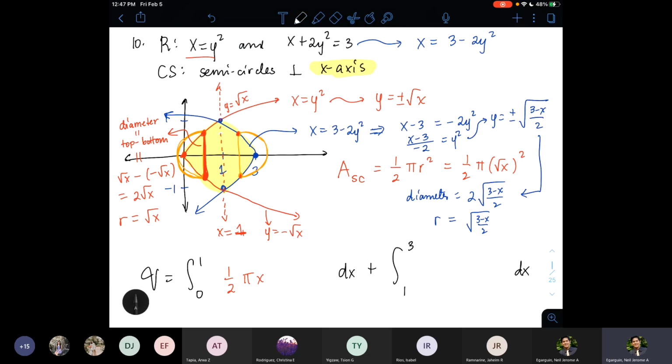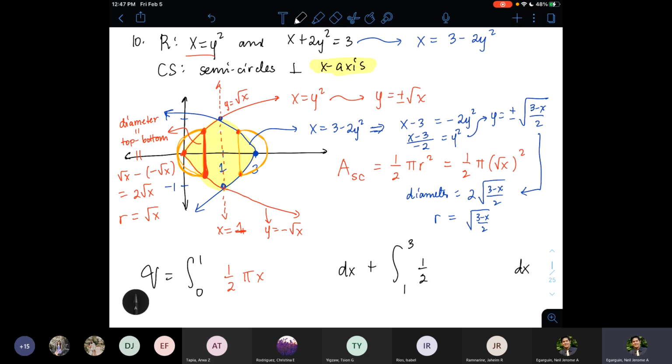So remember our integrand would be the area of the semicircle. It's 1/2 pi radius squared, but radius squared would be (3 minus x) over 2. I will square it, so the square root will be gone. Okay? And then you evaluate these two integrals separately and then add them up, and you get the volume of the solid.